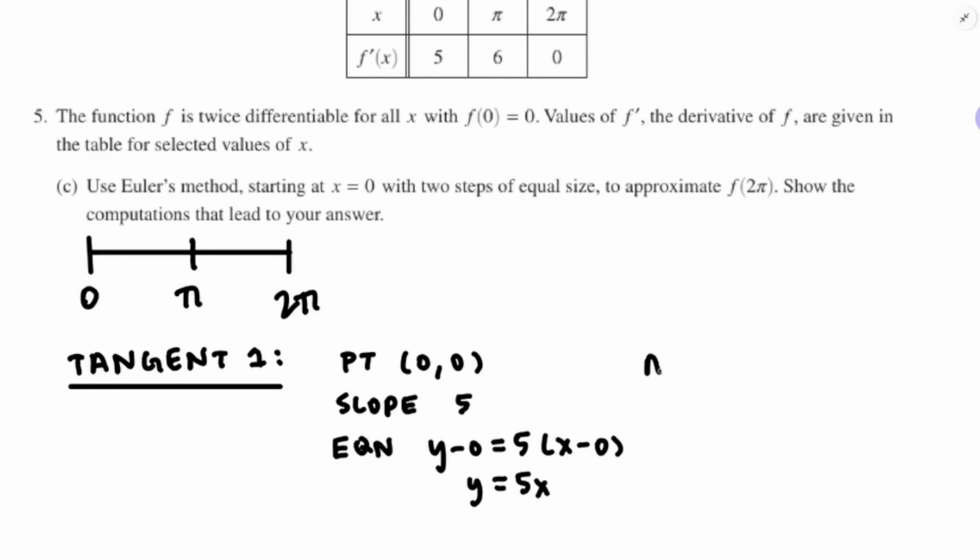And then my approximation going from my first step from 0 to pi is going to be y equals 5 times x, which is now pi. Okay, so that's going to be 5 pi, and my new point is going to be x equals pi, y equals 5 pi.